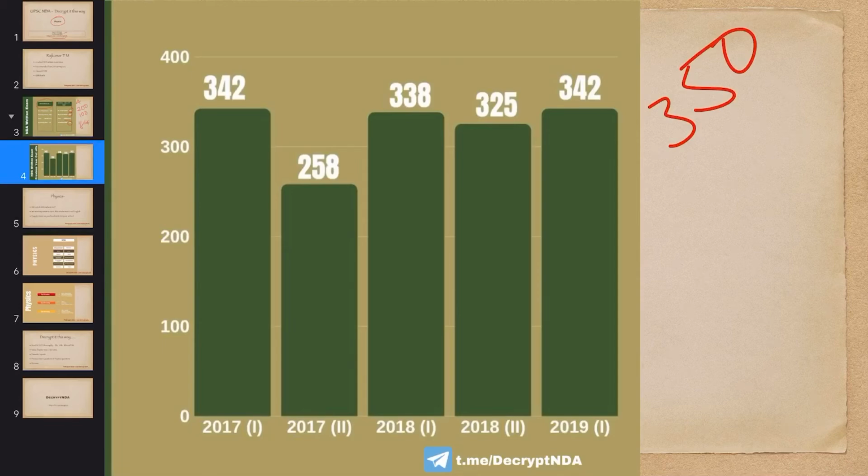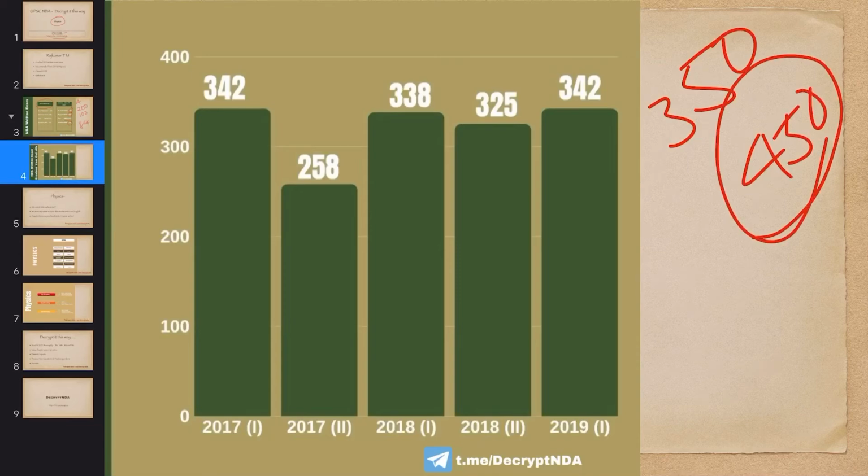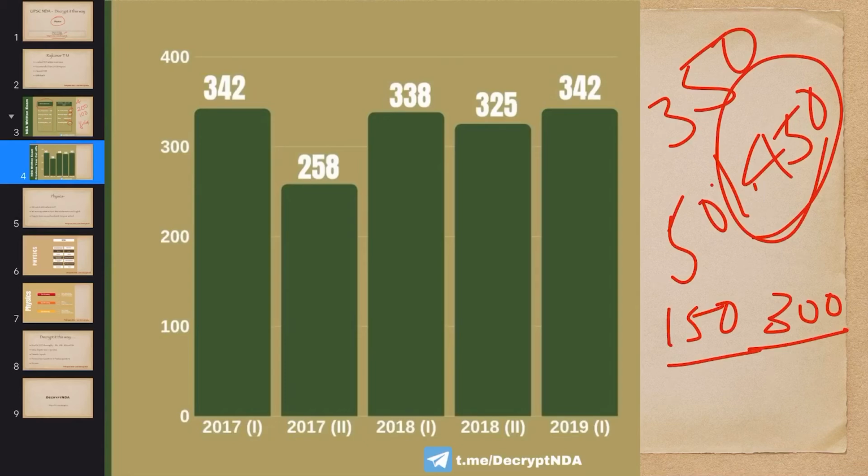But to get into the merit list with a flying rank, you have to score more than that. Let's aim for a minimum of 450 marks out of 900, that means 50% of 900. So for maths you should aim for 150 out of 300, and for GAT you should aim for 300 out of 600. This should be the minimum mark you aim for in the written examination of the National Defence Academy.